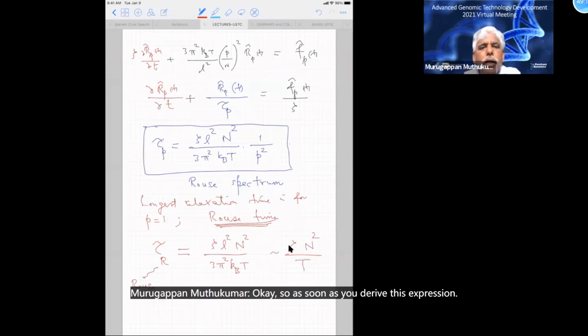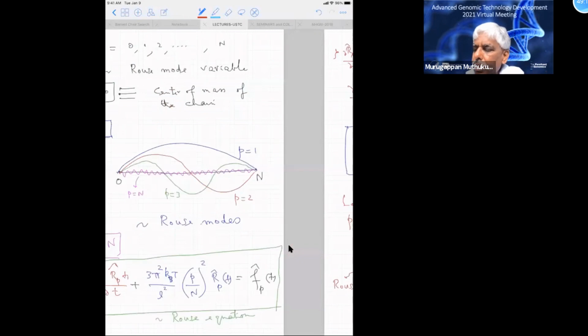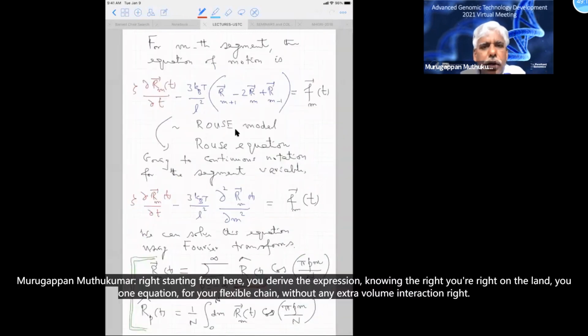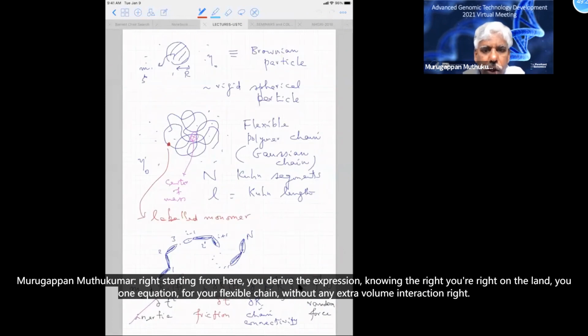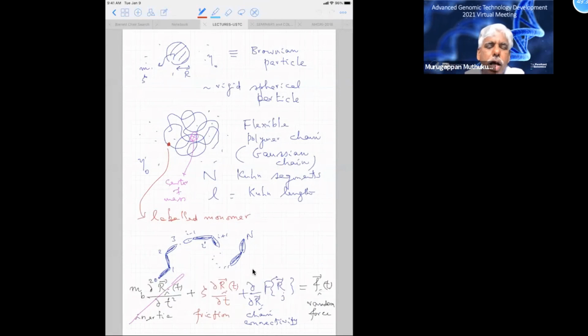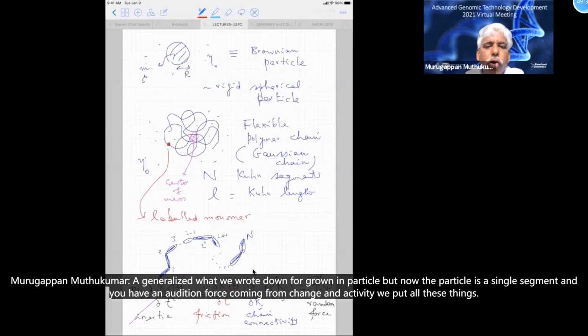As soon as you derive this expression, you write down the Langevin equation for a flexible chain without any excluded volume interaction. Just generalize what we wrote down for the Brownian particle, but now the particle is a single segment, and you have an additional force coming from chain connectivity.